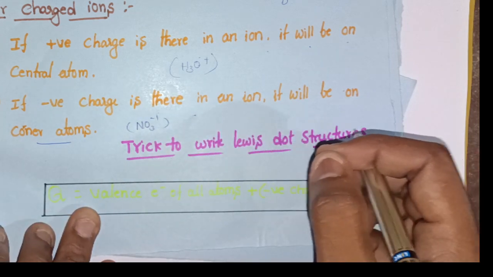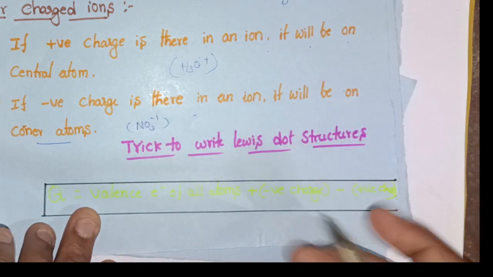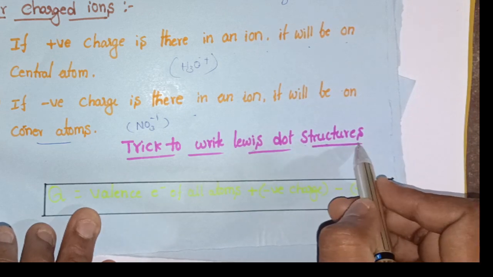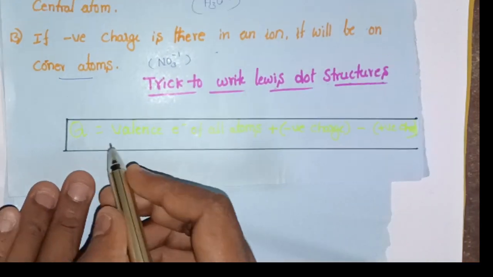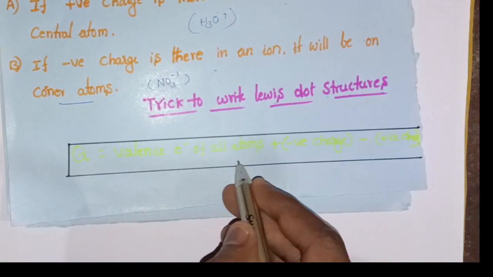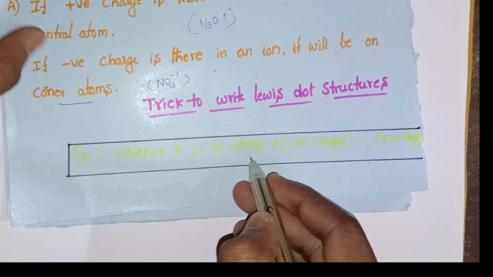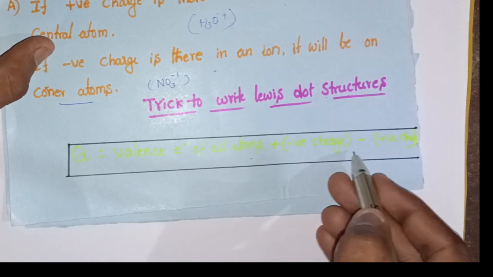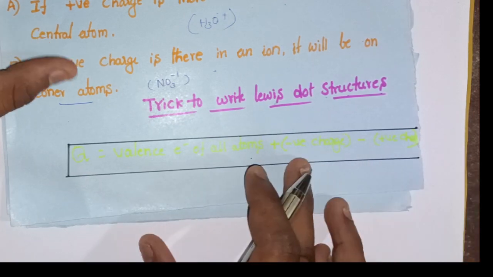Let's see some tricks to find Lewis dot structures. Here is a small formula: Q is equal to valence electrons of all atoms plus negative charge minus positive charge.